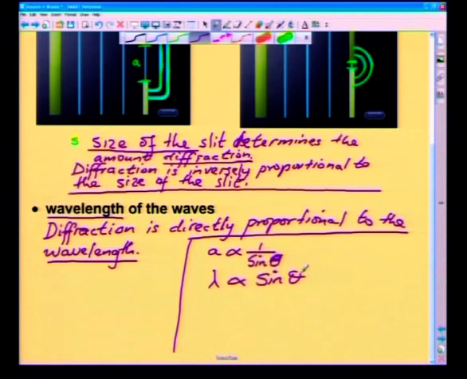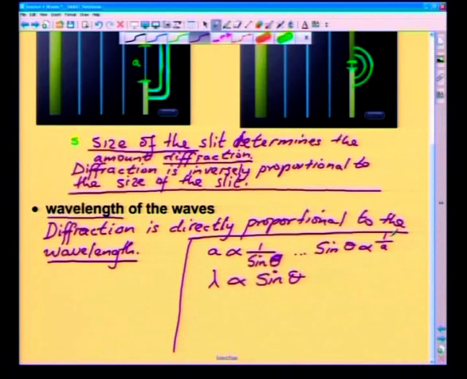Now, if we put these two together, we can see that if we cross multiply, from the first one, the sine of theta is proportional to 1 over a.